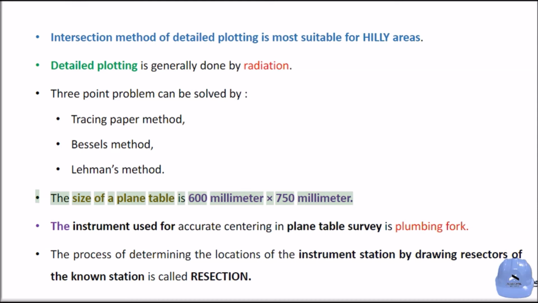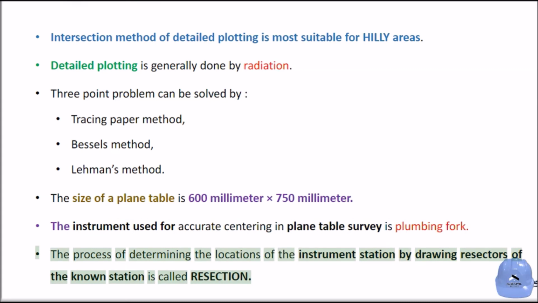The size of a plane table is 600 mm x 750 mm. The instrument used for accurate centering in plane table survey is the plumbing fork. The process of determining the location of the instrument station by drawing rays to known stations is called resection.